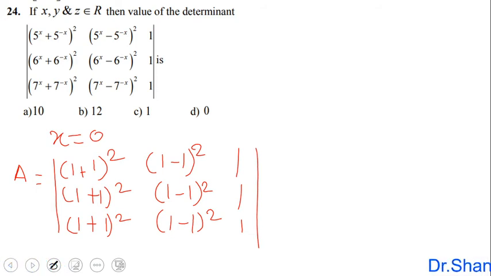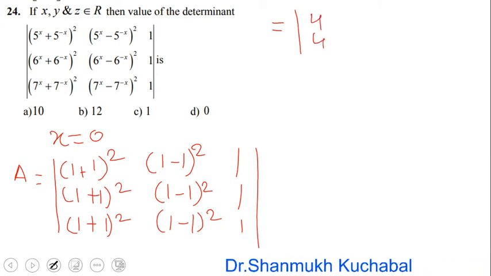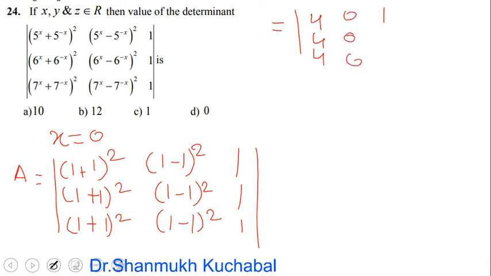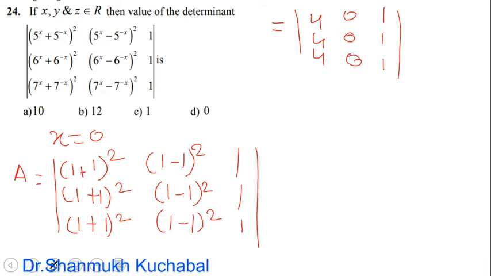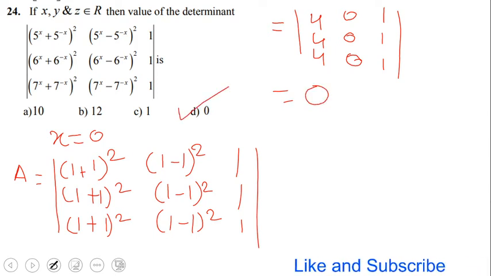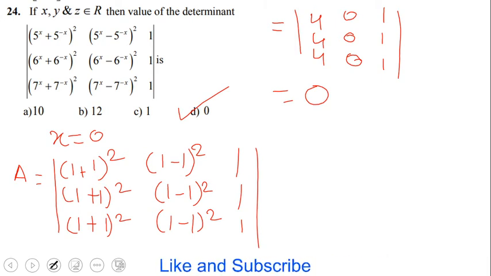Simplifying this, 1 plus 1 is 2, 2 square is 4, so we get 4, 4, 4, 0, 0, 0, 1, 1, 1. We have studied the properties of a determinant. If any one row or column is 0, the value of the determinant is 0. So using this, the answer is 0. So clearly option D is the right answer here. Okay, we'll move to our next example.